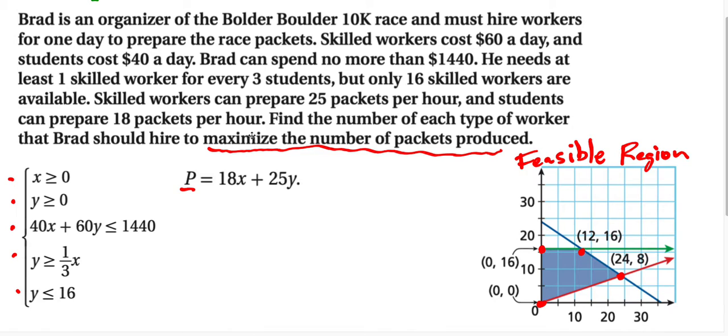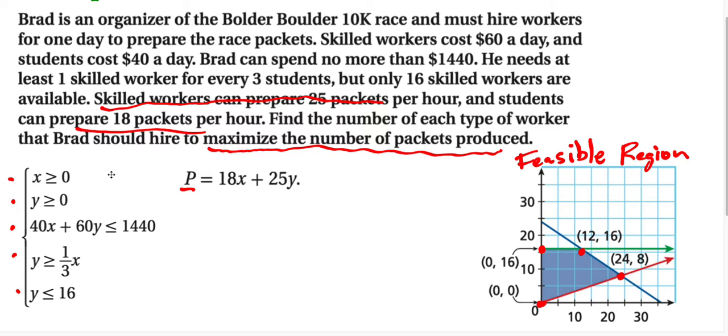And the sentence before it tells you skilled workers can make 25, students can make 18. Sometimes you guys will be given the objective function, sometimes you have to come up with it. I don't necessarily like how it's a mixture of the two. It's usually easier to just get used to it, but it's a mixture of the two.